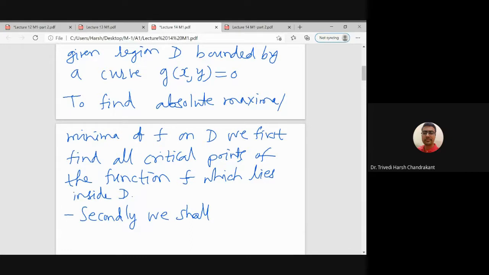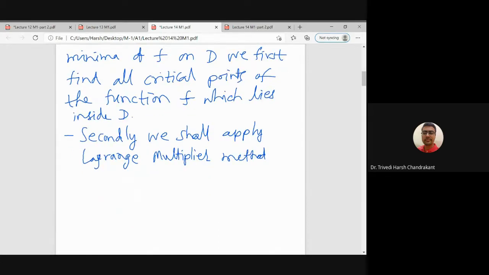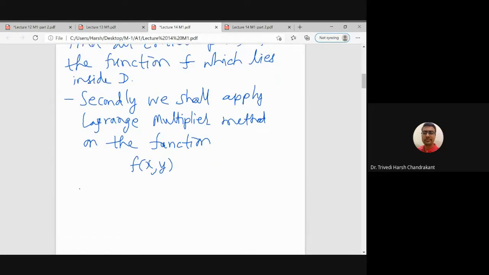So we shall apply the Lagrange multiplier method on the function f of x y, which we want to maximize or minimize, subject to the condition that our points x y will lie on this curve, on this boundary.